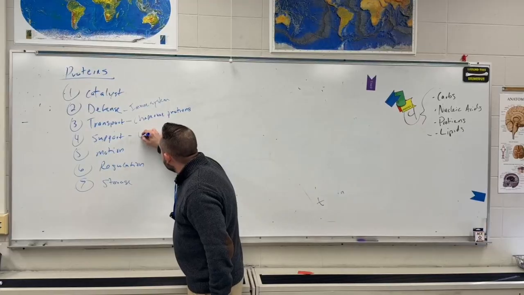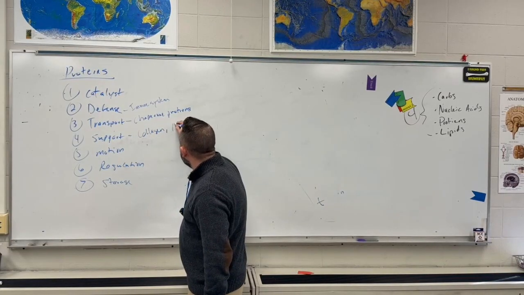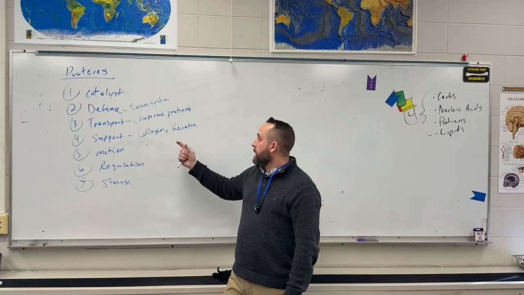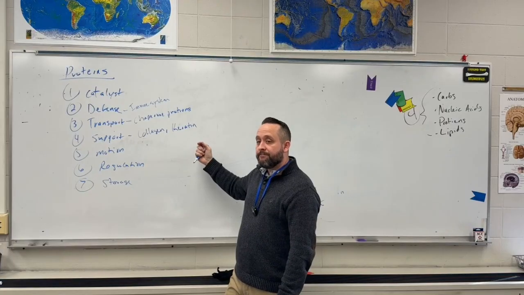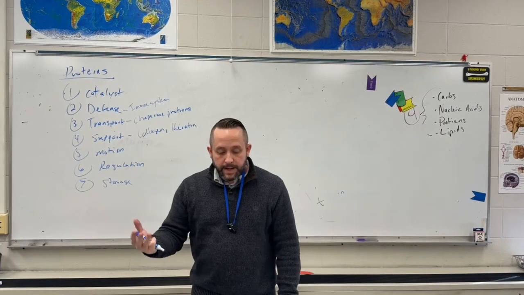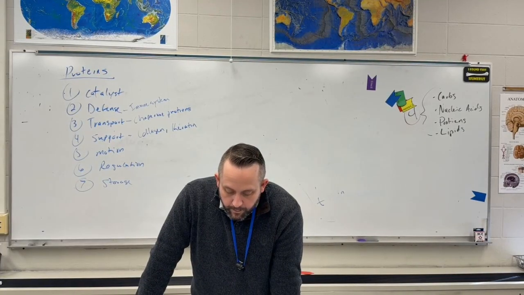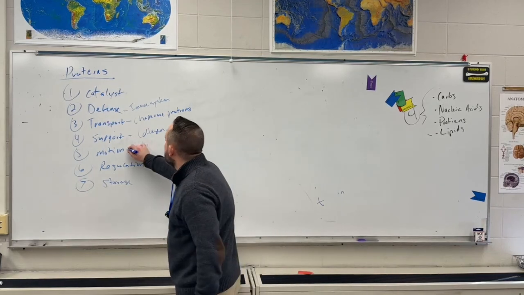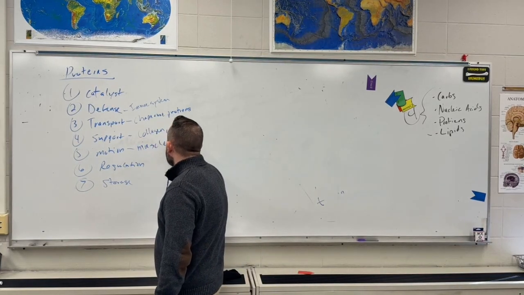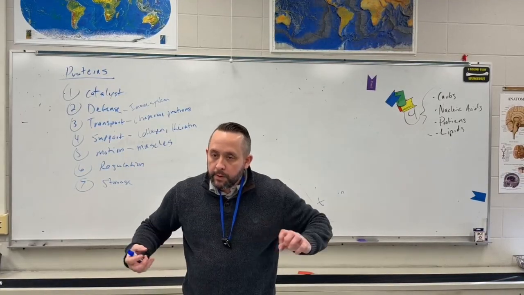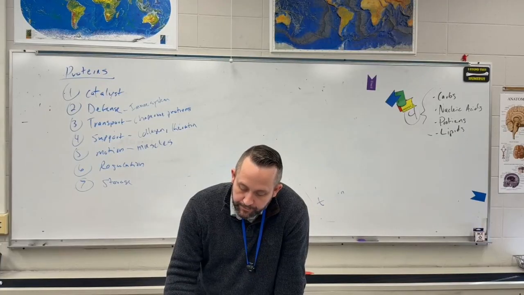Support, that would be things like collagen, keratin, and others. The most abundant connective tissue in our body. Keratin is what our nails and our hair are made of. Collagen makes up skin, ligaments, tendons, bones. Motion is referring to muscles, those protein filaments that pull to give us motion.